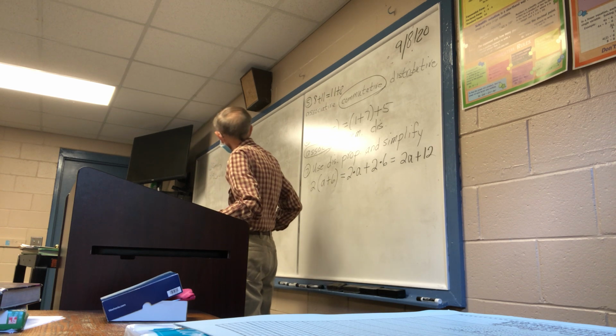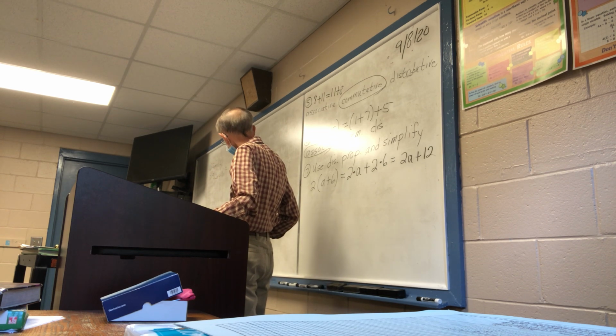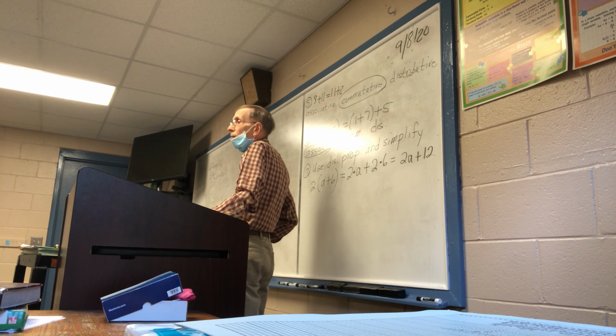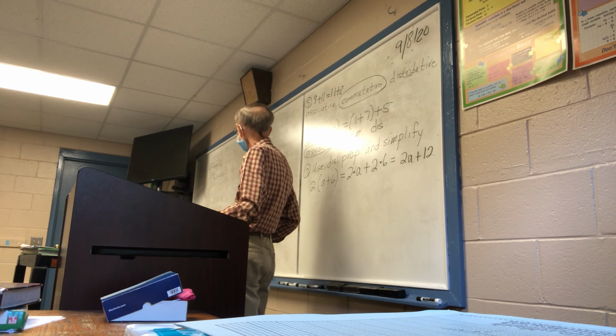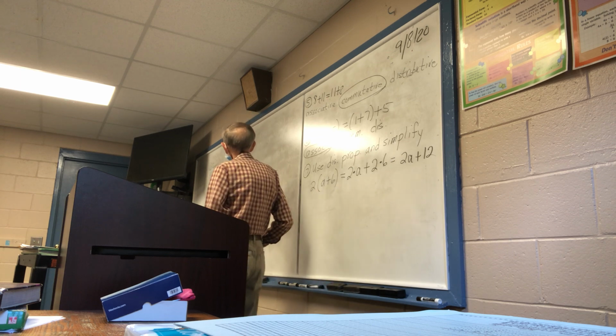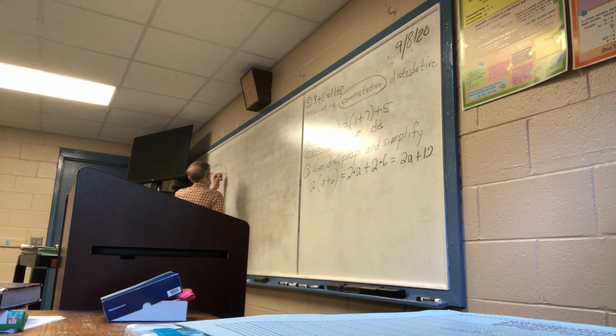is 7r squared plus 2r plus 4r squared. So the r squared terms are the ones that are alike. My suggestion would be to put them side by side, 7r squared plus 4r squared, and I'll bring down the 2r.